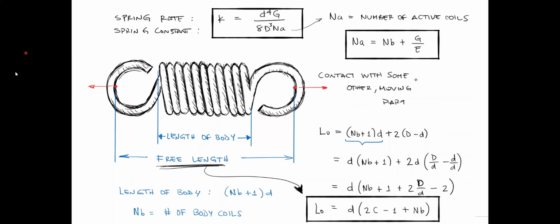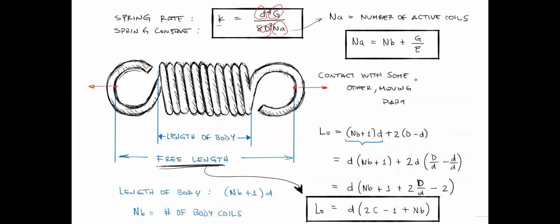Similarly, we have to find the spring constant or spring rate first, which depends on the material's property G, the dimensions, and the number of active coils.